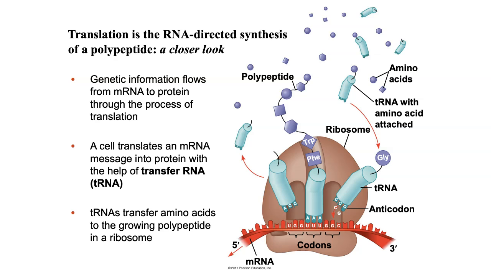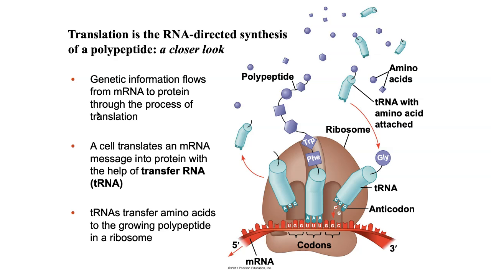So now we're going to move on to the second major part of gene expression, which is translation. So translation is the RNA-directed synthesis of a polypeptide. So in other words, the genetic information is flowing from that mRNA that we've just prepared to a protein.